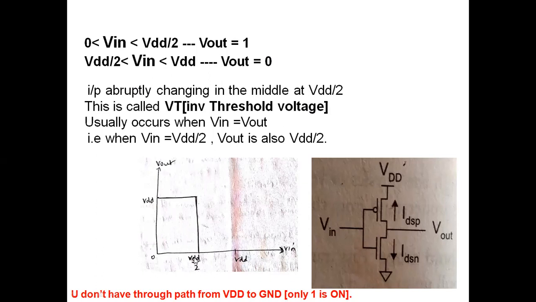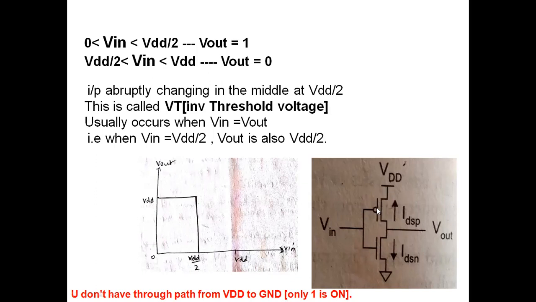What is happening at VDD by 2? At this point, the input is abruptly changing in the middle at VDD by 2, and this point we call the threshold voltage of the inverter. Like I said, we have the threshold voltage for PMOS and the threshold voltage for NMOS, means individual devices have a threshold voltage.